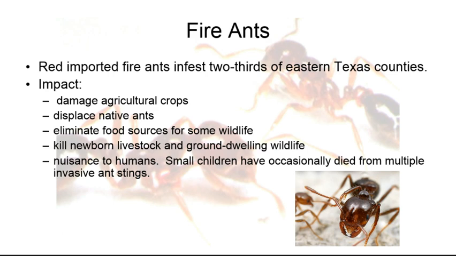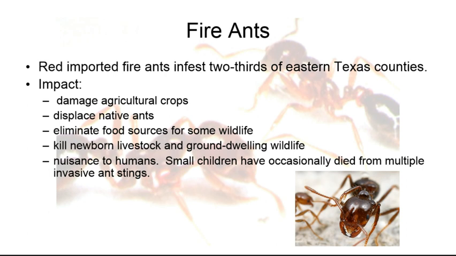They cause massive damage to agricultural crops because they will actually eat crops. They displace native ants that are helpful, that aerate the soil, that are great prey sources. They actually also eat other organisms, and so they do eliminate food sources for some of the wildlife in the ecosystem. So not only do they damage our crops, but they also eat other plants, and they kill other animals.